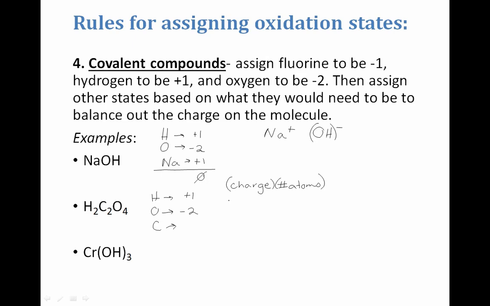So the charge of hydrogen is +1 times how many hydrogen atoms do I have? 2. And I'm going to add the next atom that I know, oxygen. Oxygen has a charge of -2, and how many atoms does it have? 4. Plus, what's my charge on carbon? I don't know. So that's my x. Then how many carbon atoms do I have? I have 2.